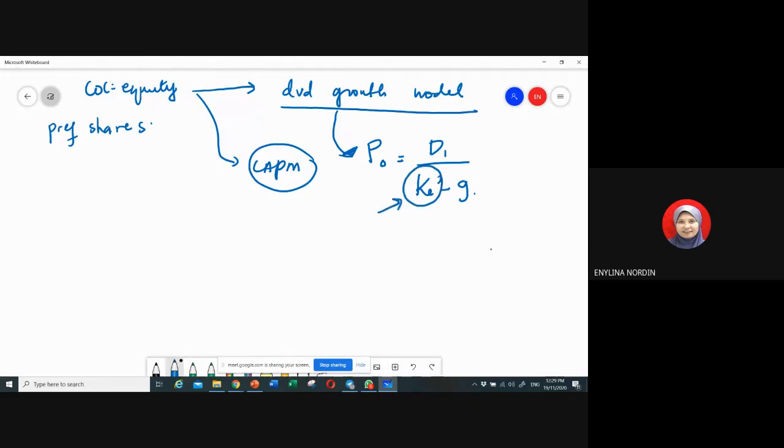So this is actually the cost of capital of equity. Therefore, we need to rearrange this formula. That's why the formula comes up like this. Sorry. So if you play around with the formula, finally you will get a formula in this form.